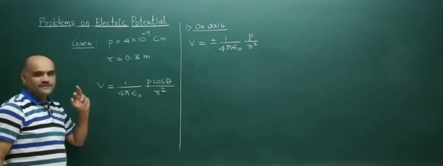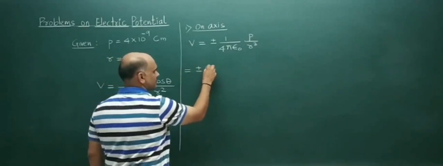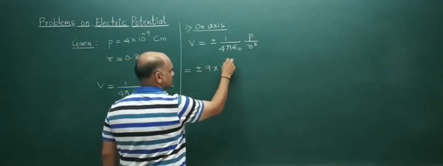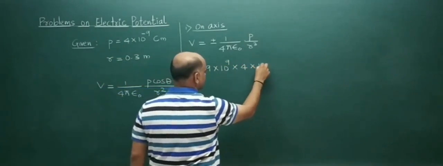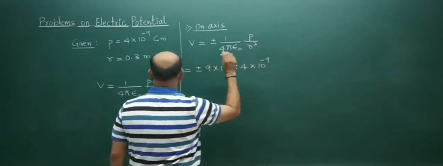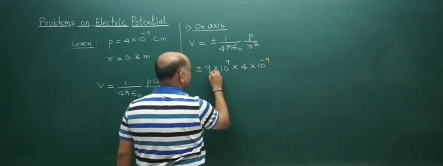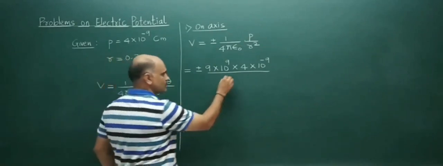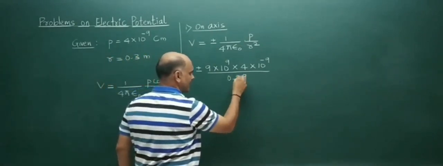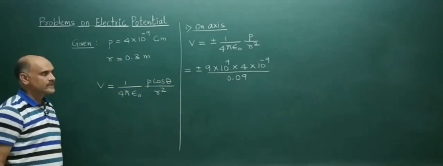Now substitute the values and simplify. So this is equal to plus or minus 9 into 10 raised to 9 into P, which is 4 into 10 raised to minus 9, divided by R square. R square will be 0.3 square, or 0.09.